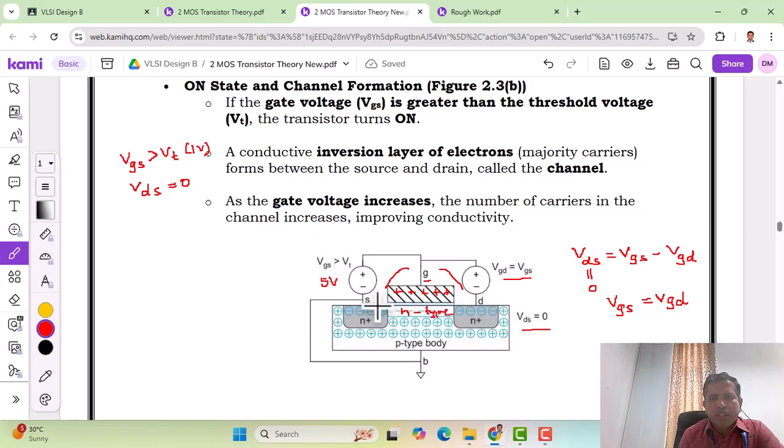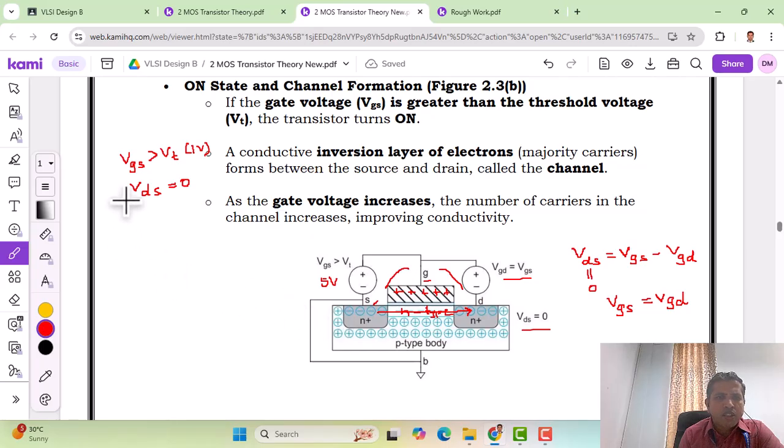So charge carriers can move from source to drain like this when we apply some drain to source voltage, but here we have not applied any drain to source voltage, so the current flow through this is going to be 0. Even though we apply a gate to source voltage beyond the threshold, say 5 volts, VDS is equal to 0. But VGS greater than VT induces a channel here.